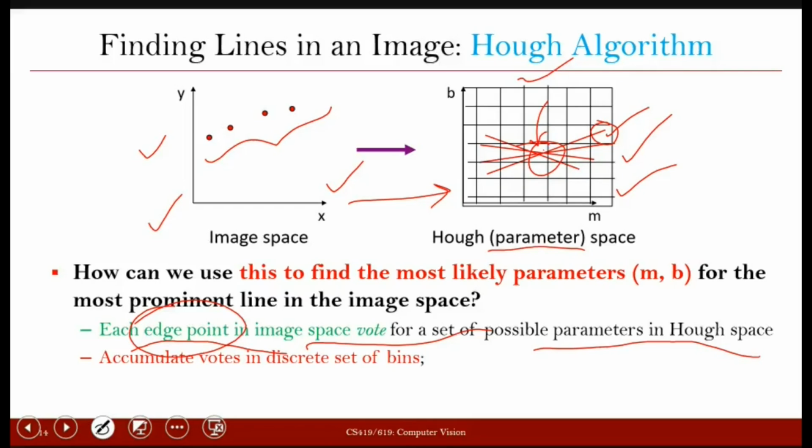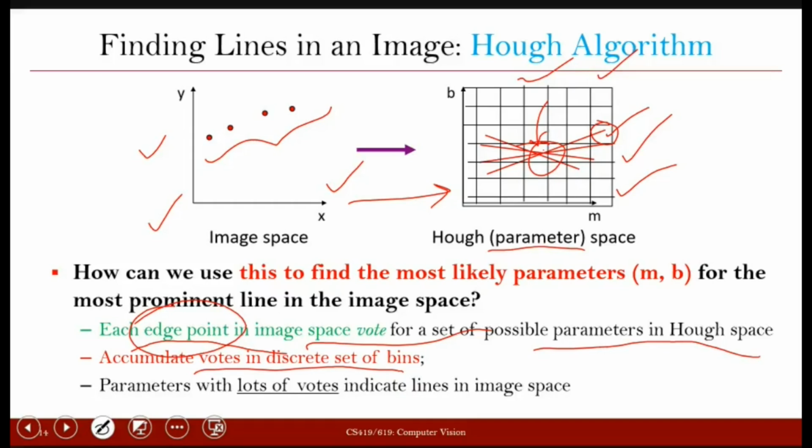Once this is done, this process of voting will accumulate the votes in the discrete bins that we have defined here. And once this accumulation is done, we have to find a grid cell in this whole space where you have a lot of votes, right?